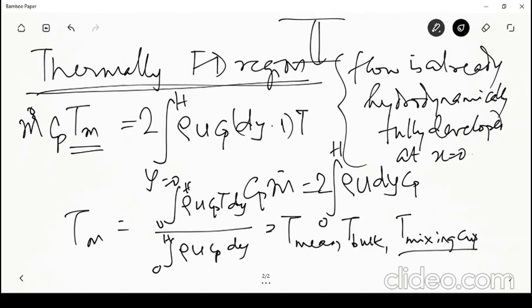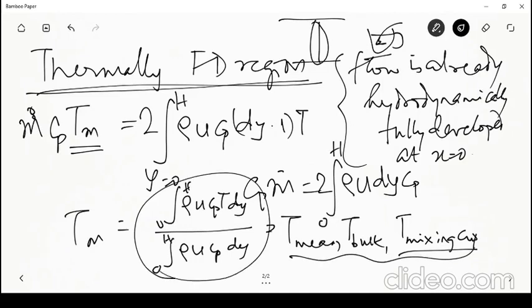To conceptualize it, if I take the entire flow at any section and put it into a cup and mix it thoroughly, the temperature of this cup would be the mean temperature. The mean temperature can be defined at any section. As we go from the inlet towards the interior of the flow, because there is heat transfer through the wall, this mean temperature will continuously change.